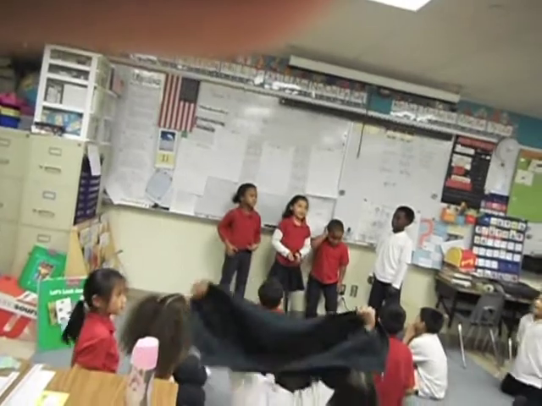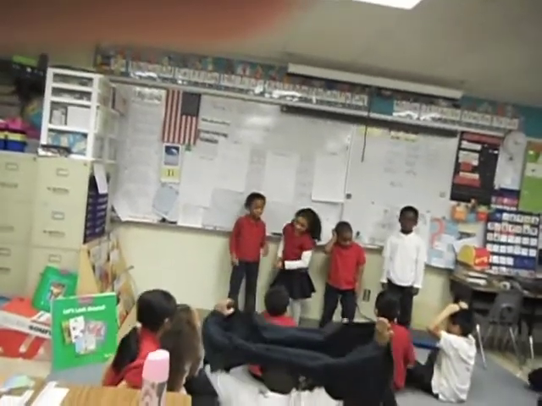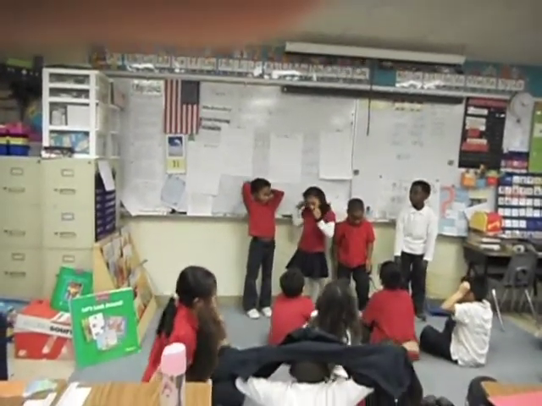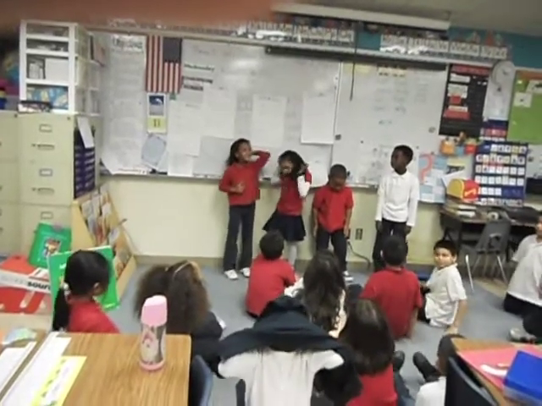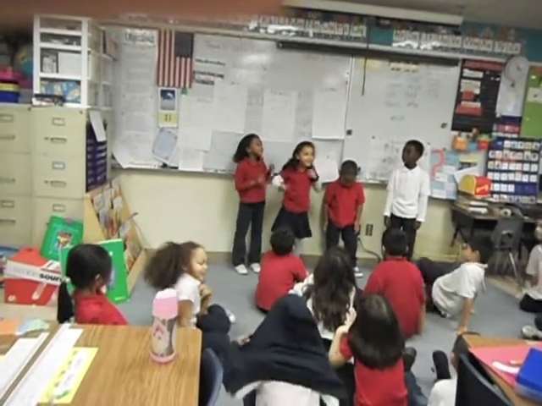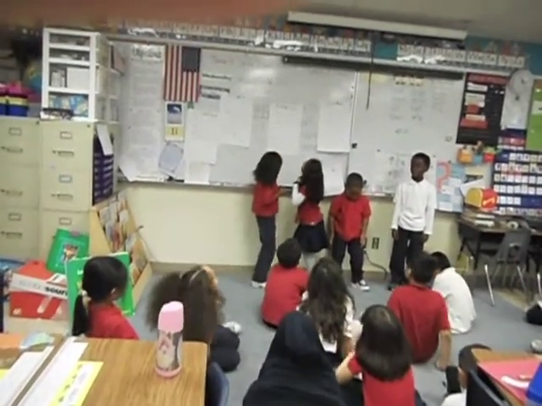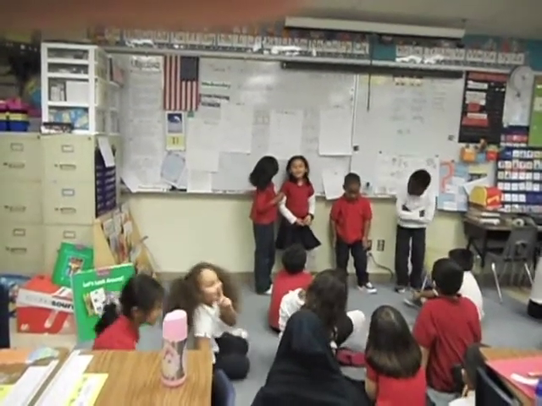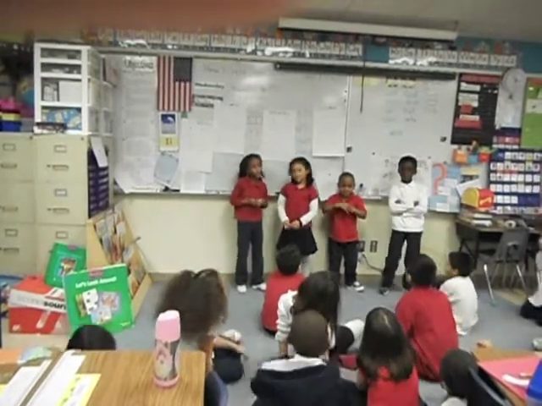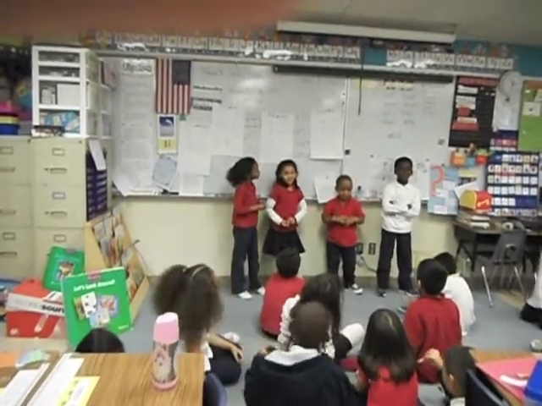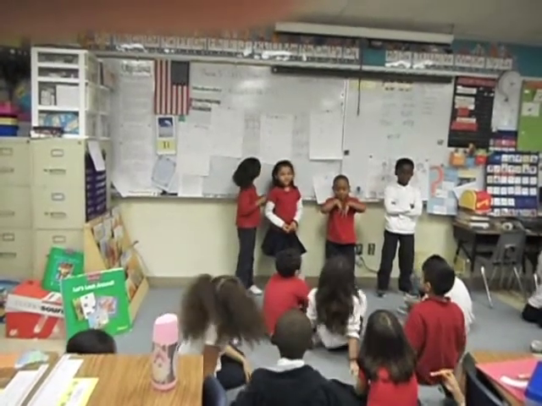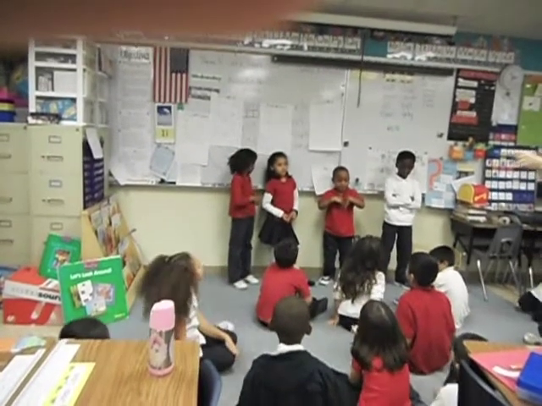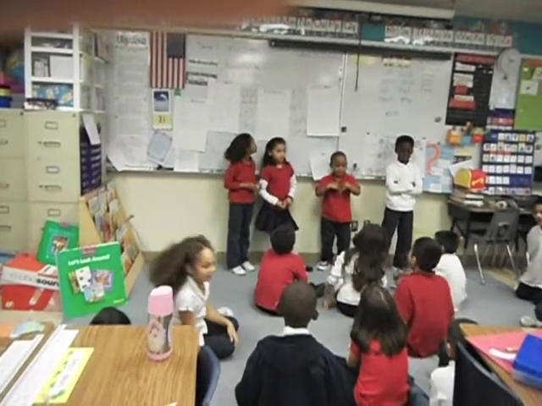Alright, so how did you guys put yourselves up? Short hair versus long hair. Everybody's short hair. Where's the long hair? Okay, so what's your first sentence? 2 plus 2 equals 4. So, what's your next sentence?